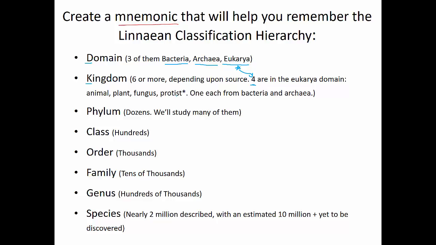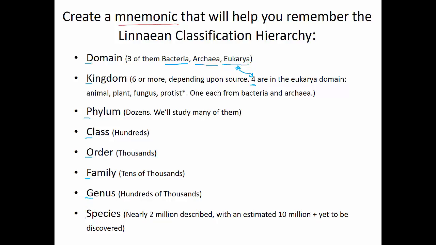As we get into our kingdoms, we then subclassify our kingdoms into phylum. There are dozens of phylum, and we will study many of them. Within each phylum, there are classes, and there are hundreds of classes. Within each class, there are orders. Within each order, there is a family. Within each family, there are genus.